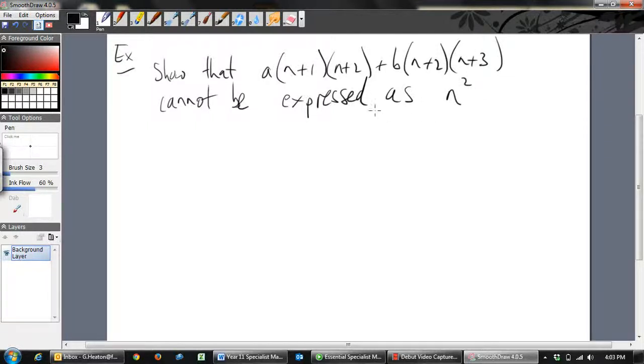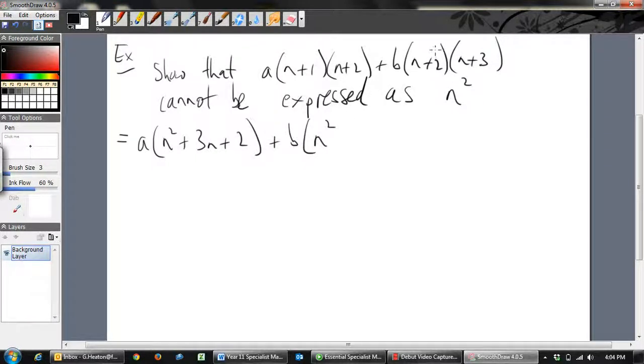Okay, and let's just see what happens when we try and do it, and hopefully you'll be able to guess. So firstly let's expand all that rubbish there. I'm not going to write it out again. I'm going to expand it out. So I've got a, now use FOIL in here, we've got n squared plus 2n plus 1n, so that's plus 3n plus 2 plus b, and then what have we got here?